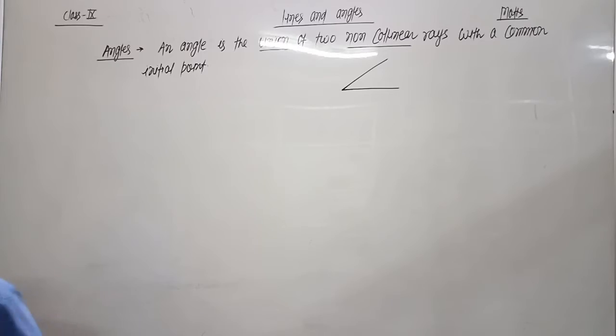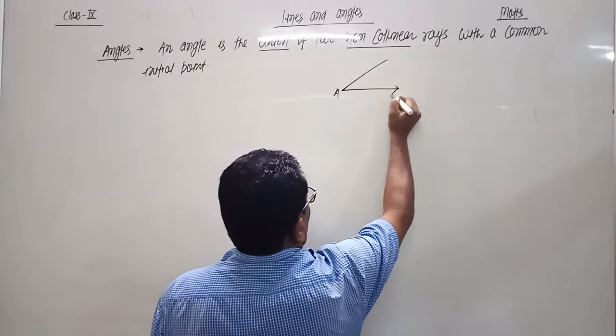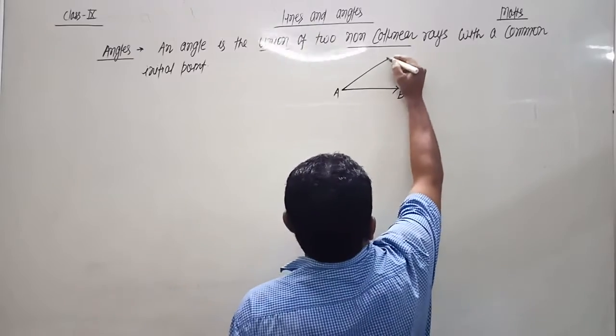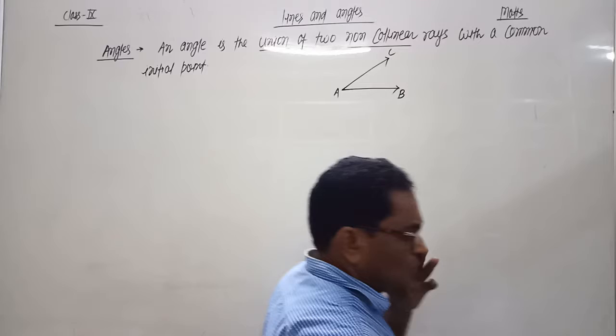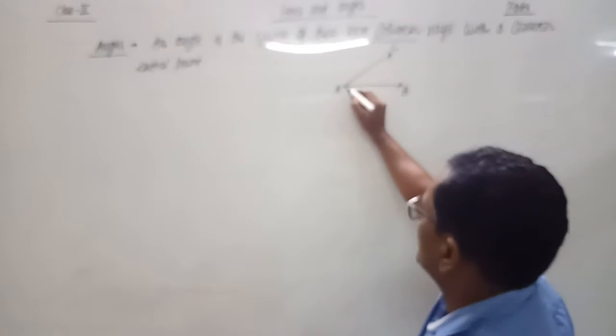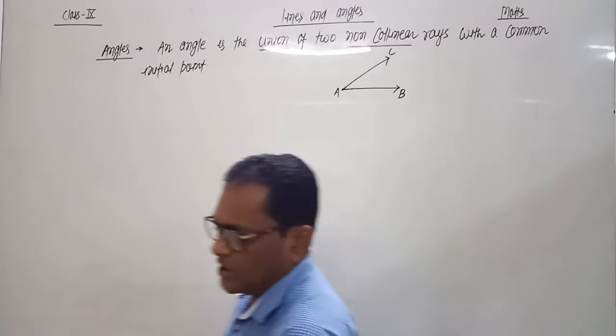Suppose AB and AC are two non-collinear rays, because they do not lie on the same straight line. With a common initial point, A is the common initial point for both the rays.